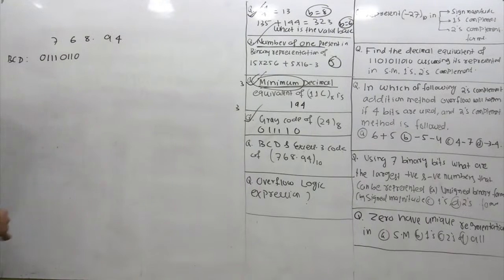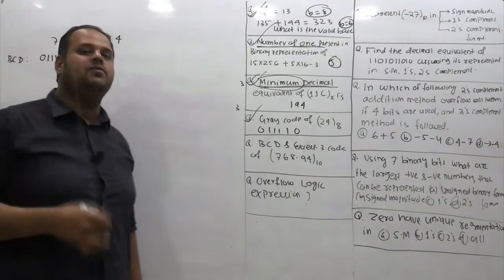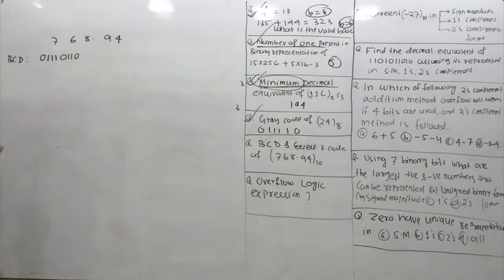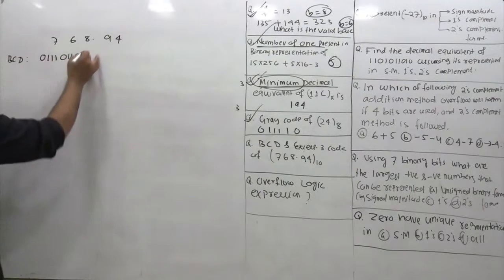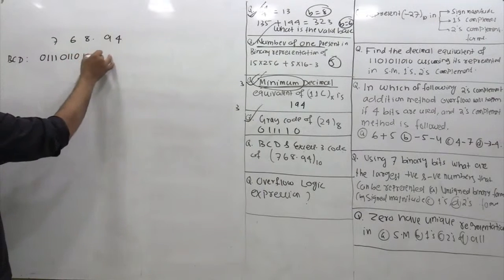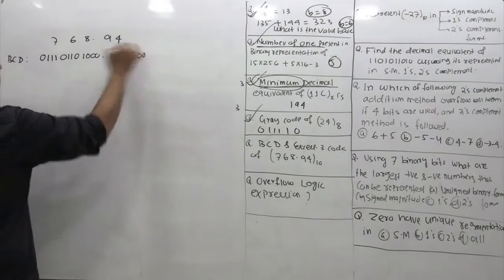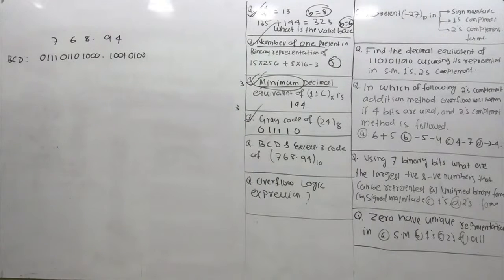Even though 6 in binary is 110, you must write 0110. Strictly it should be 4 digits, not less, not more. So 8 is 1000, 9 is 1001, 4 is 0100. This is the corresponding BCD code of the number 768.94.